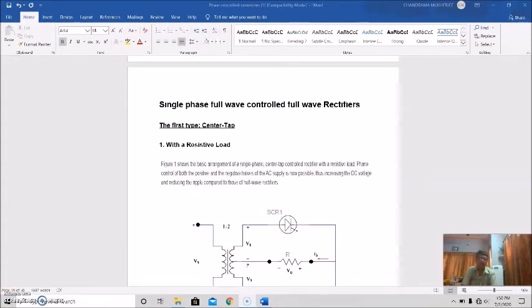In every discussion we have discussed the circuit, how this circuit operates, and what would be the ultimate waveform, that is the source voltage waveform, when the gate pulse is given, and the waveform of the thyristor voltage.